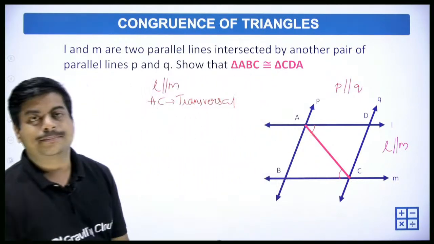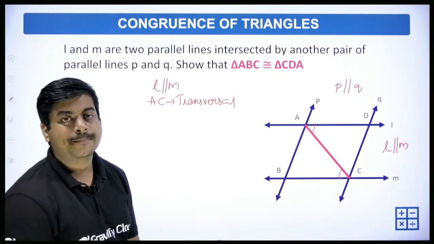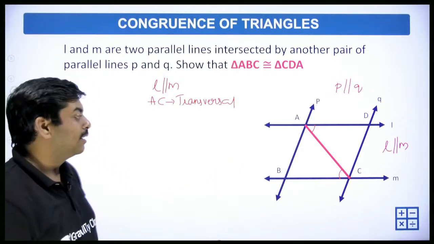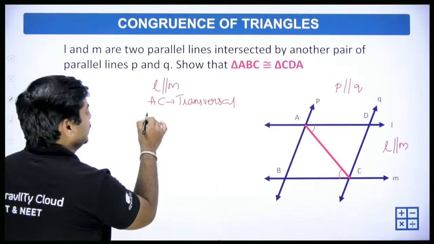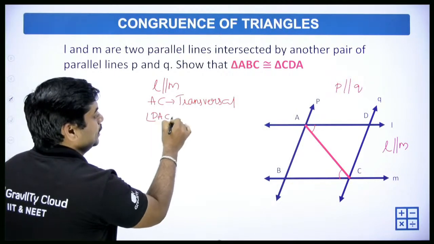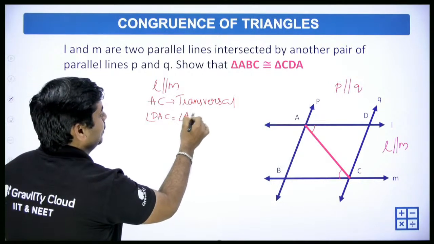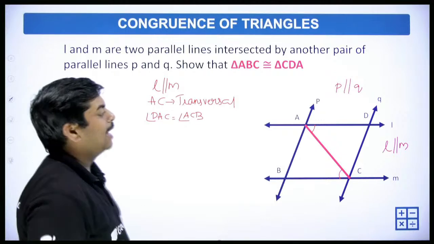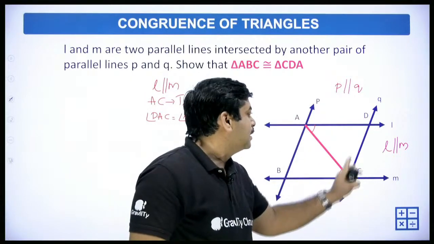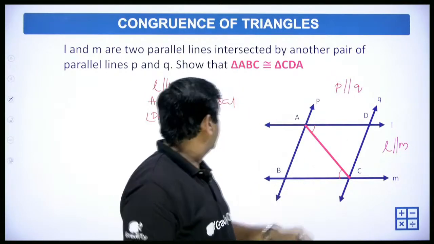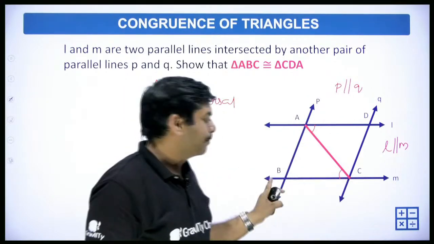Alternate interior angles, correct? We say this as alternate interior angles, that is angle DAC is equal to angle ACB.